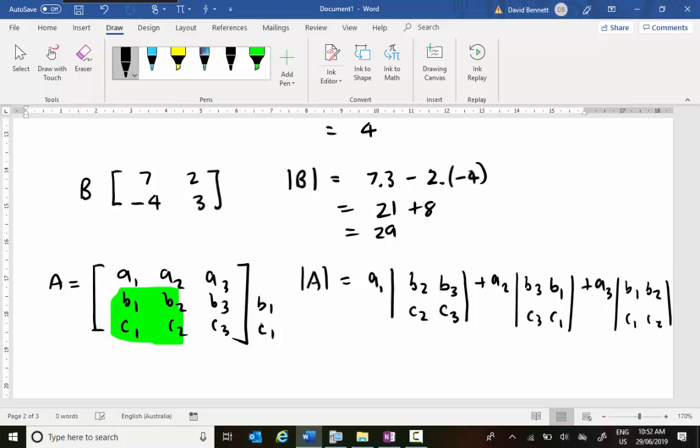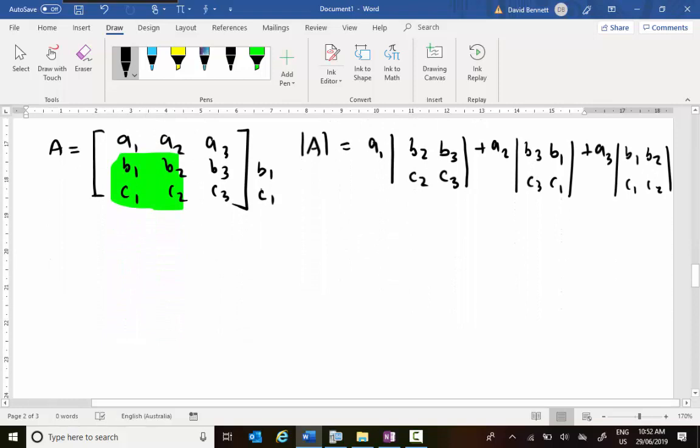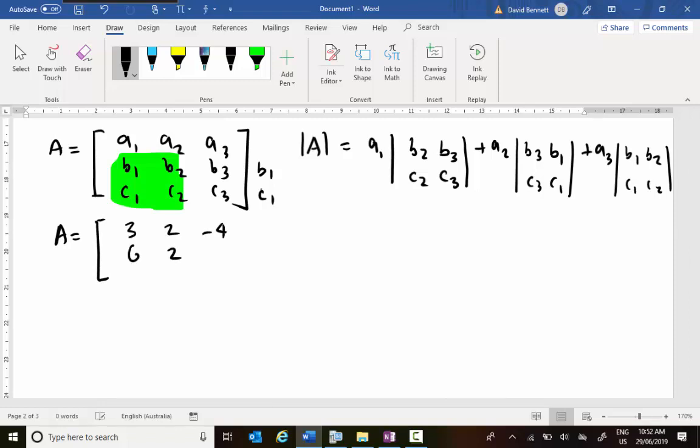Now, you can remember formulas, that's fine. You just need to know how to do it. So let's make a matrix C up, and we'll do a 3 by 3. So let's go 3, 2, -4, 6, 2, 1, 3, 1, 0. The 0 will make life a little bit easier for me. So the determinant of C, it's just systematically doing it.